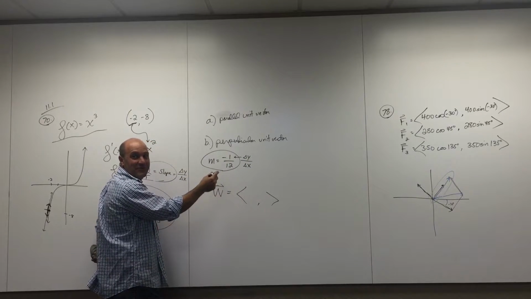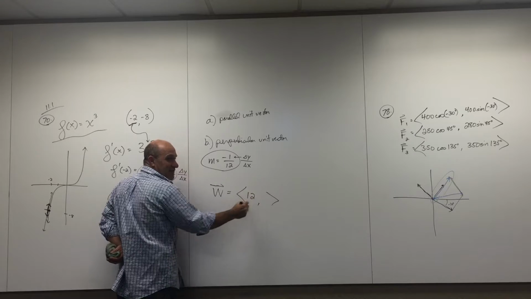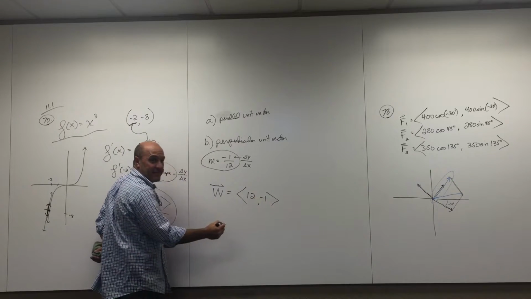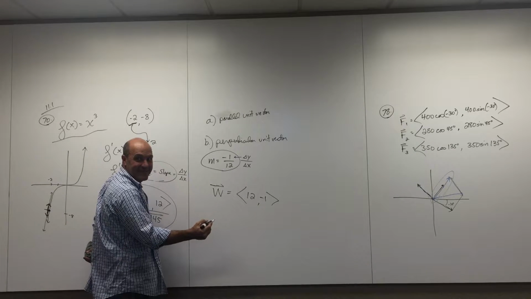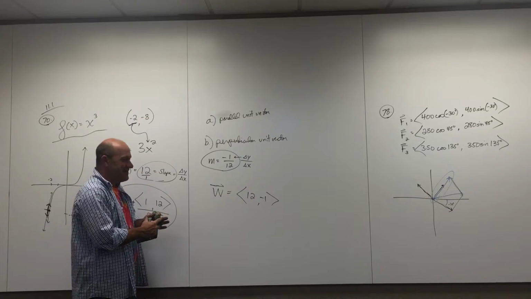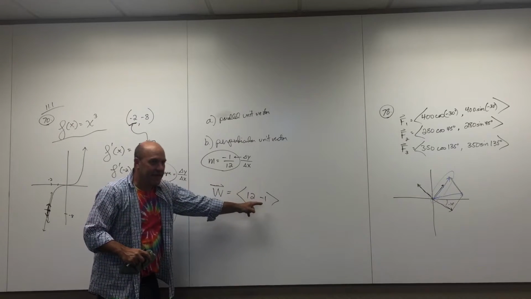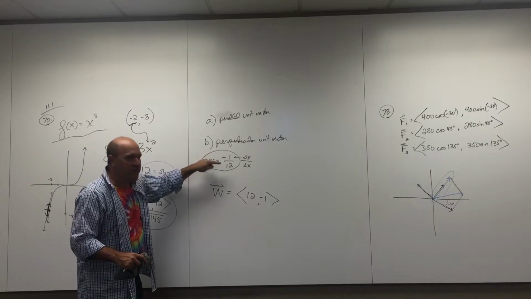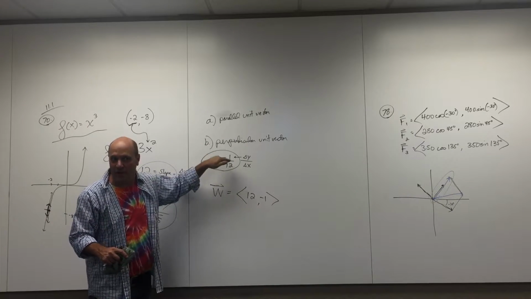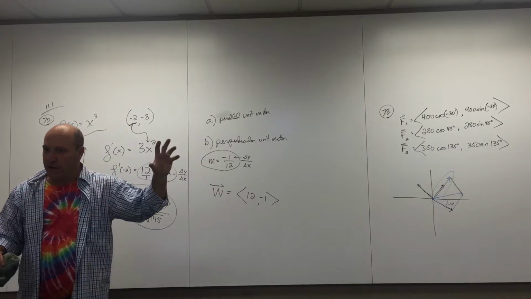So what's the change in x? The 12. What's the change in y? The negative 1. Are you with me? This is x and y, but with a slope, that's not x over y. The denominator's x, the numerator's y.